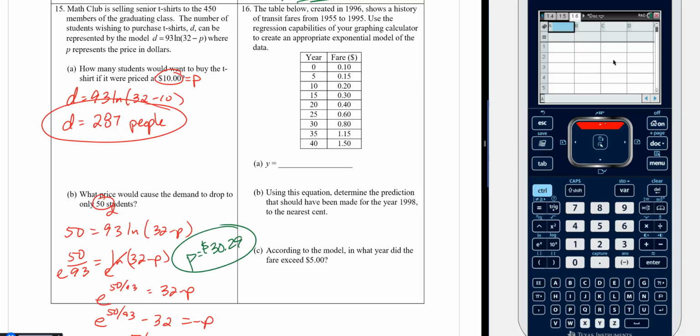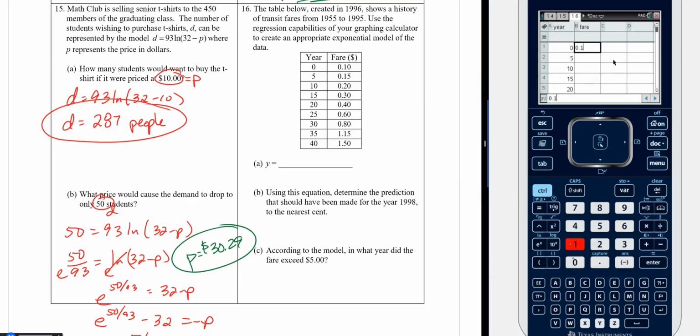We're going to give these variable names. I'm going to use year, but you can just use x and y. Year and fare. And let's see, we've got 0, 5, 10, 15, 20, 25, 30, 35, and 40.